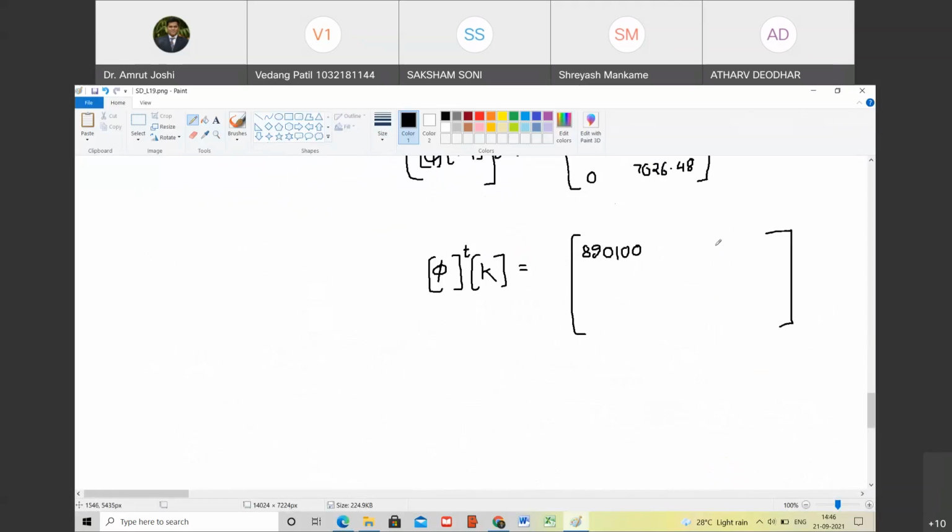The first element is 890100. Second element is 11 67 450. Third element is minus 11 68 0 0 950. This element. So actually, your cursor is there. Where?